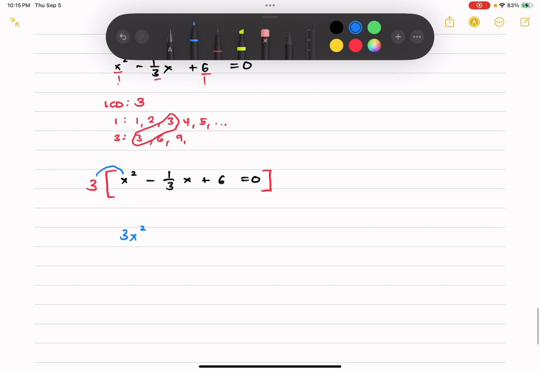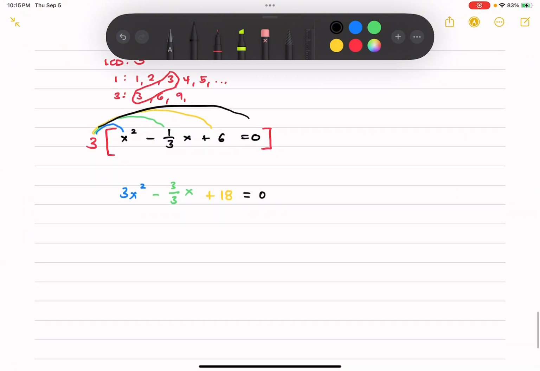Next. 3 times negative 1 over 3, that will give us negative 3 over 3x. Last, 3 times positive 6, that will give us positive 18. Equals 3 times 0, that will give us 0.